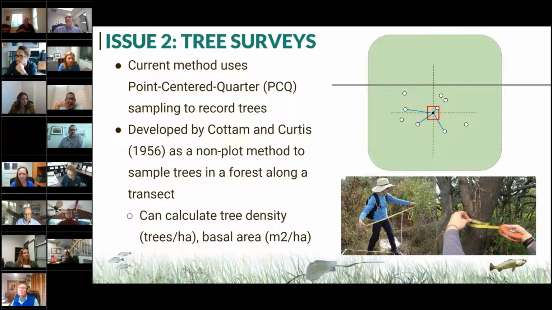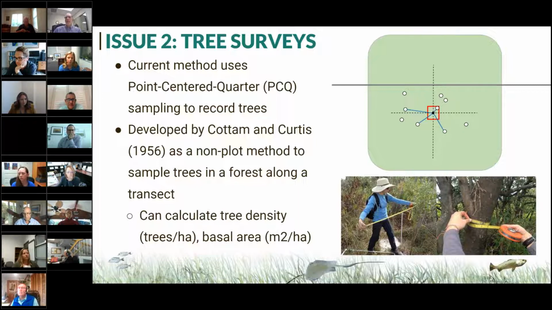So the method that we have been using is point-centered quarter, or PCQ sampling. And this was a method that was developed in the 1950s as a non-plot method to sample trees along a transect in a forest. So in this method, you have a given point, which is shown inside the red box in the diagram there. And you have 4 imaginary quarters surrounding that point.